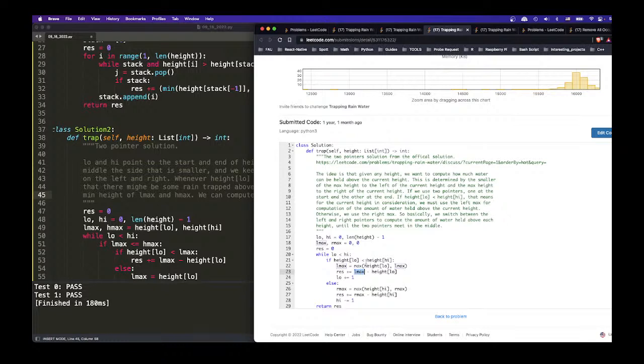If the next one is bigger, okay, so this one is bigger than the right, then we'll swap to the right. And what if the right max is bigger? So I said we have right max is this amount, okay, and the left max is a certain amount.